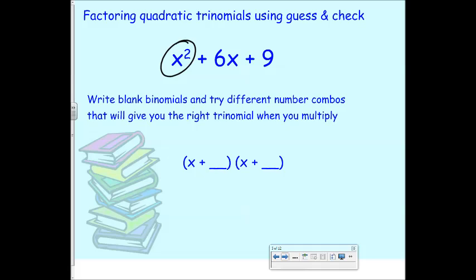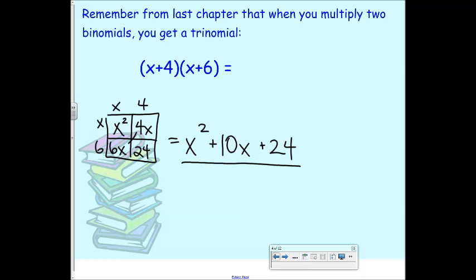How do you fill in this one? How do you figure out what goes here? I'm going to go back. Take a look at this answer and this multiplication problem. How could you figure out what's going to fill in this box and this box right there? What do you mean when you add it?